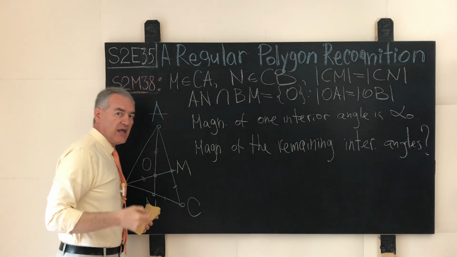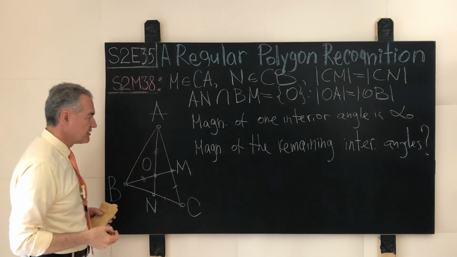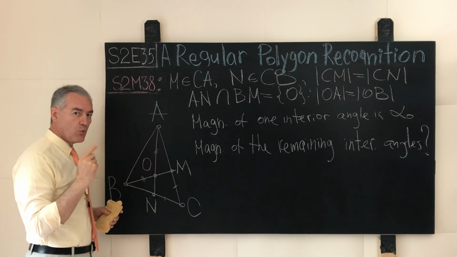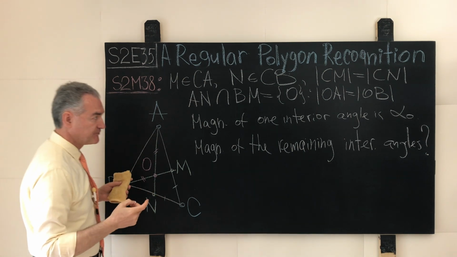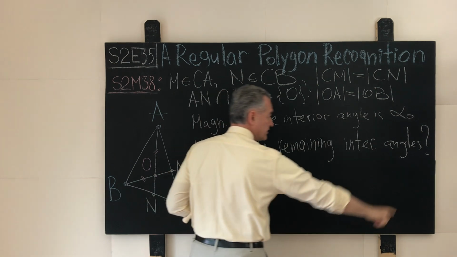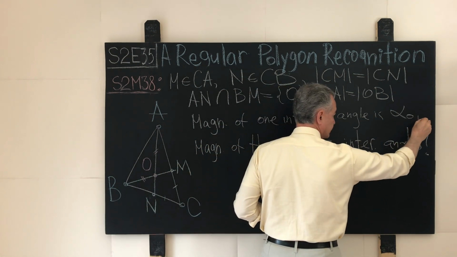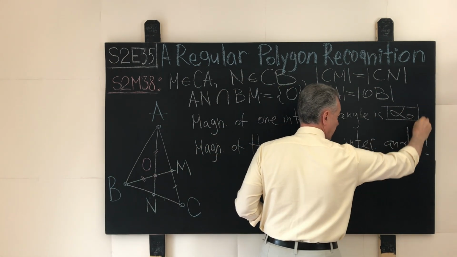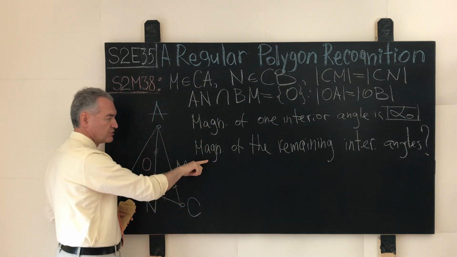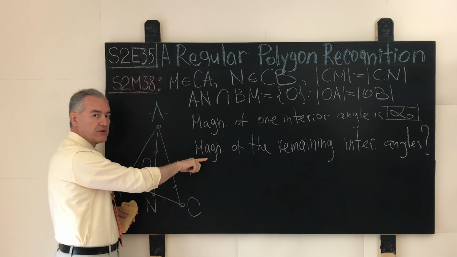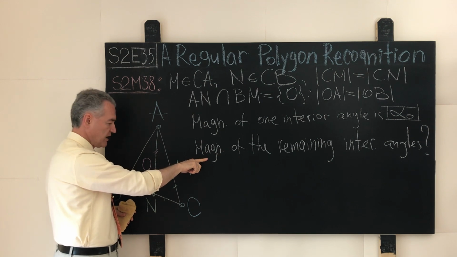And lastly, we're told that the magnitude of one of the interior angles in this triangle is given ahead of time, known. It is, let's say, alpha sub 0. This magnitude is known, and the challenge in this problem is to recover the magnitudes of the remaining two interior angles.